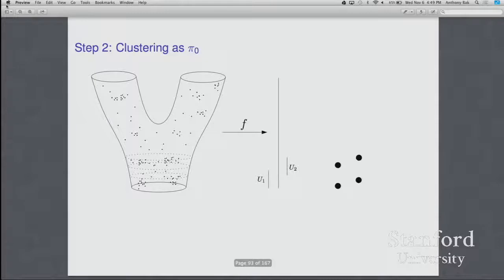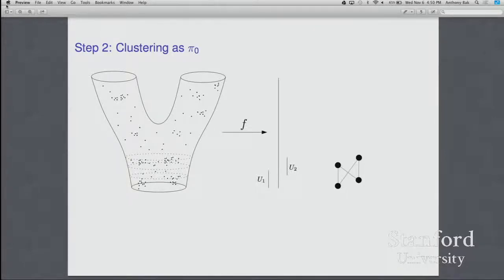I cluster. I get 2 clusters. Now there are points that are in both U1 and U2. Those points go to some clusters in the bottom set, and they go to some clusters in the top set, and I'll just connect those clusters. This isn't a real problem. I have no idea where the clustering would send those points, but I'm saying that this is what happens.